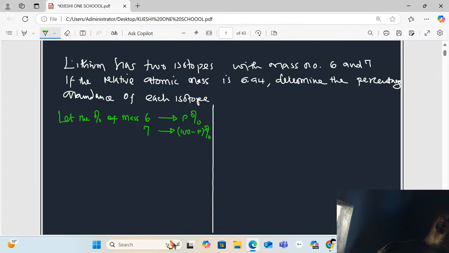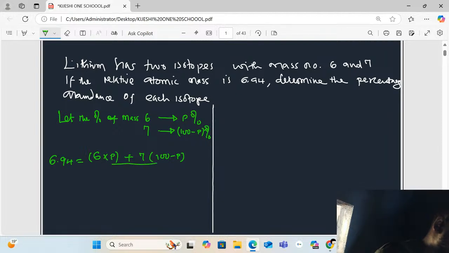And then we say that our relative atomic mass of 6.94 will be given by the mass of 6 times its percentage abundance of P%, plus the mass of 7 multiplied by its percentage abundance of 100 minus P%.